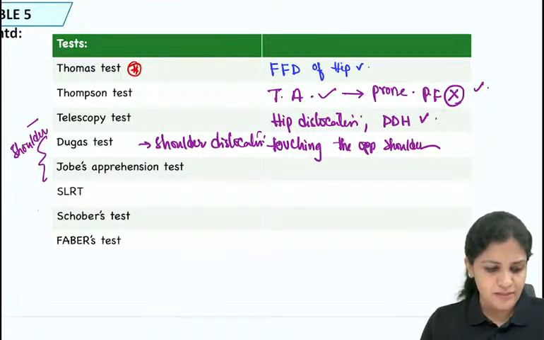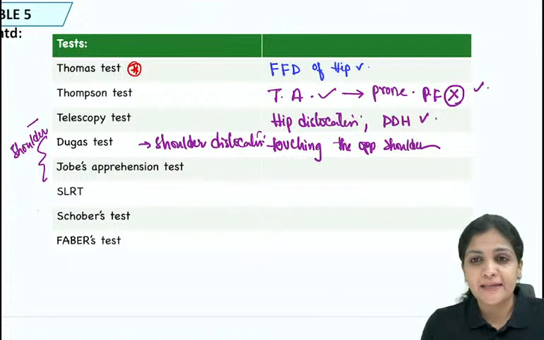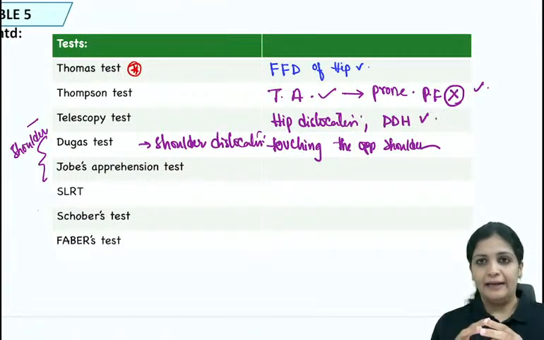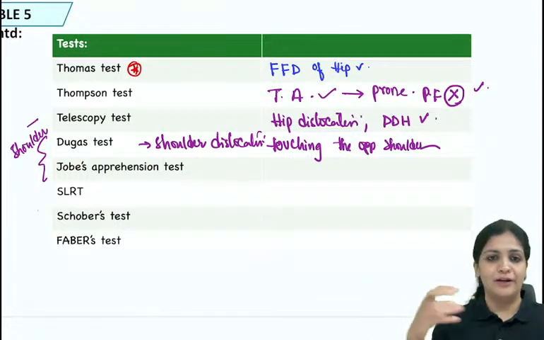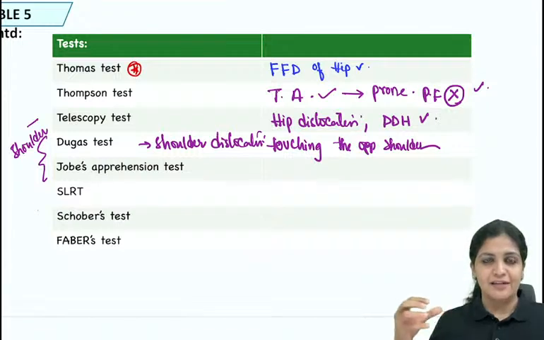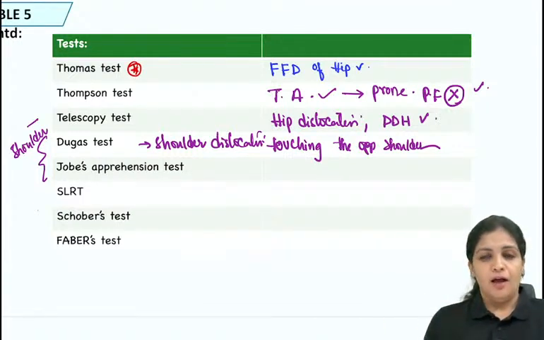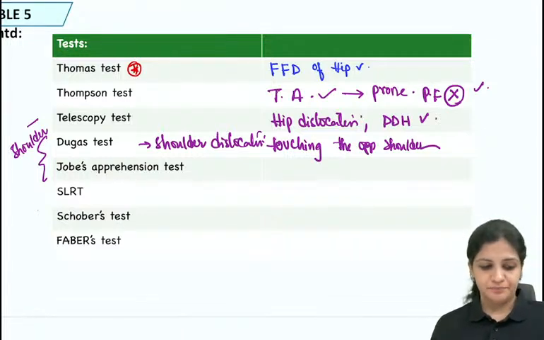Perthes is where there is an avascular necrosis of the head. And what I'm trying to tell you is here the head, you have to palpate the head and then you will try to move. And when you can see there is a movement of the head outside the acetabulum, that is called as your telescopy test.